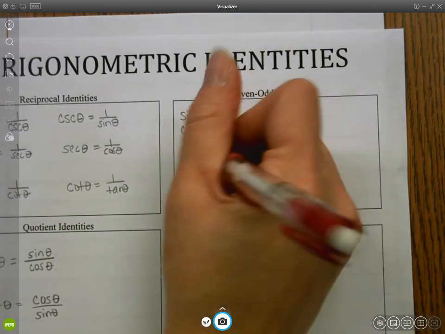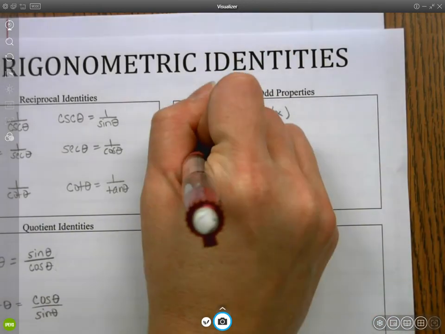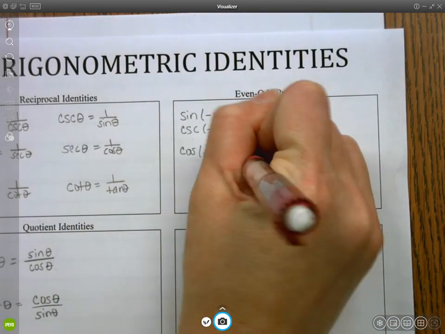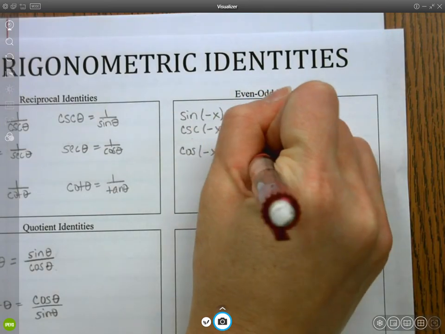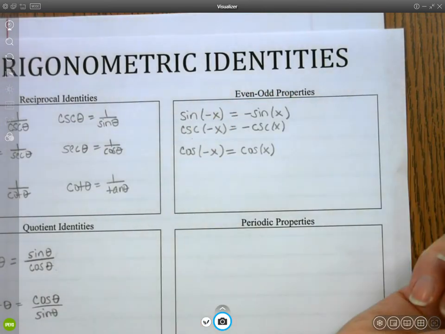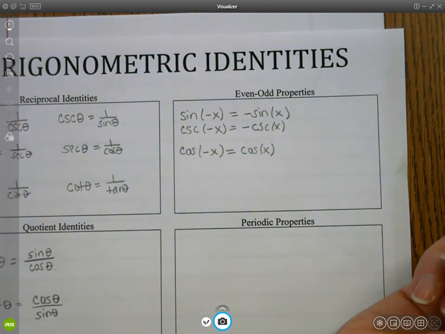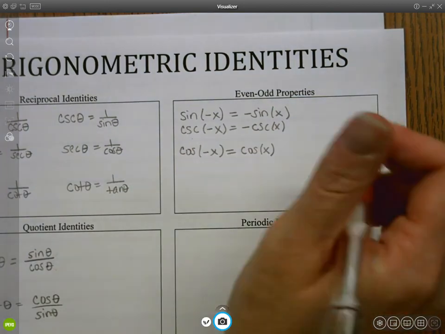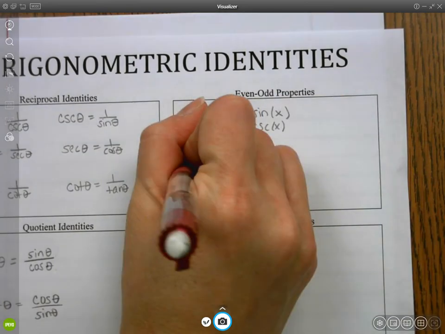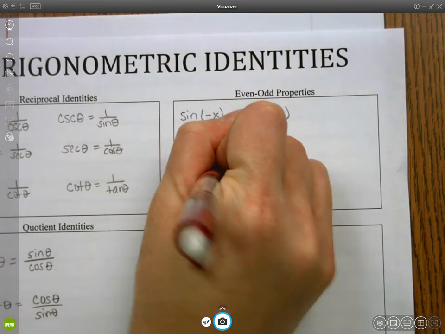If we're doing cosine, cosine is an even function. So if we do cosine of a negative, you get the same thing as if you did cosine of a positive. Like cosine of 30 is root 3 over 2, and cosine of negative 30 is also root 3 over 2. And then secant is its reciprocal, so it behaves the same.